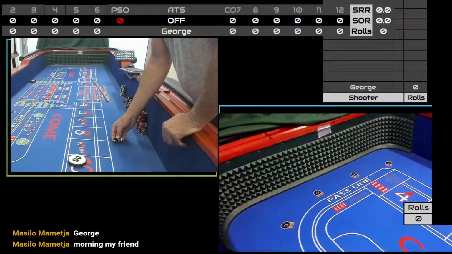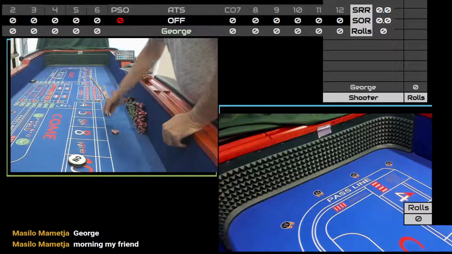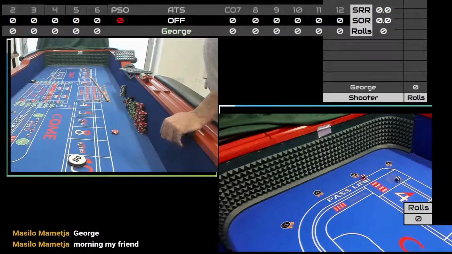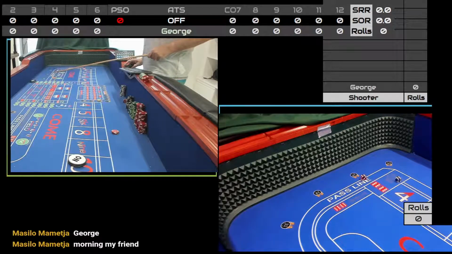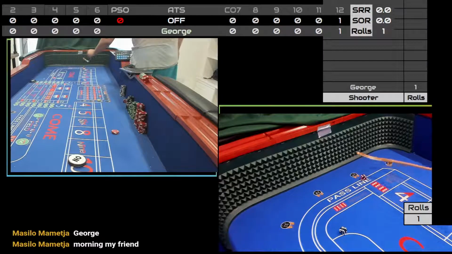Let's see how we do. Boxcars. Right, what happened?